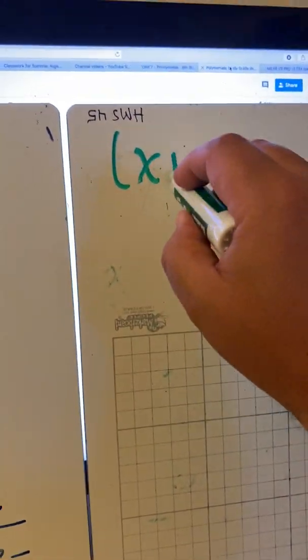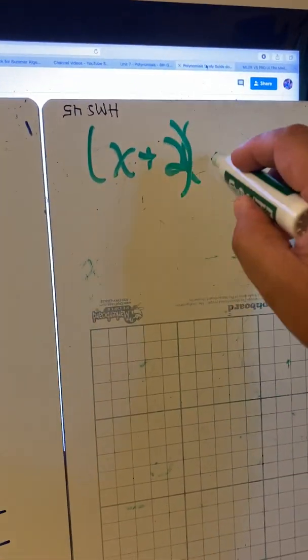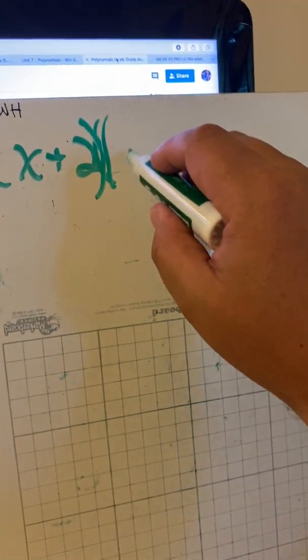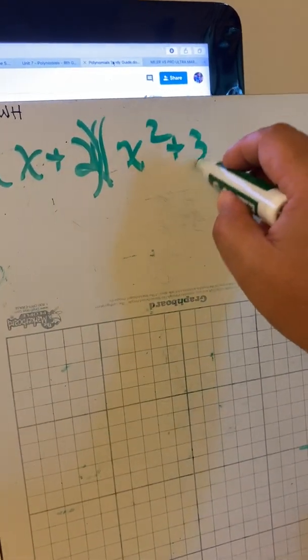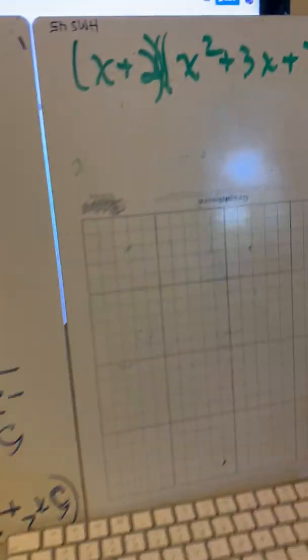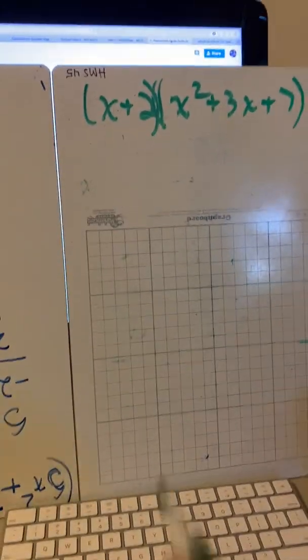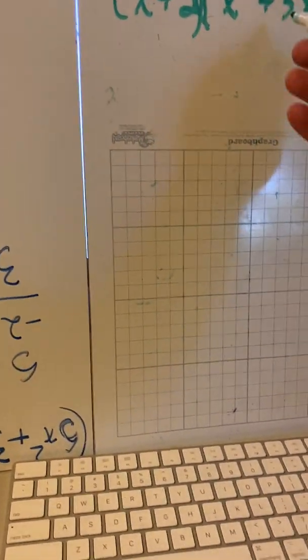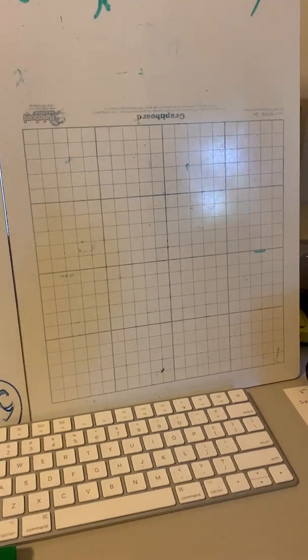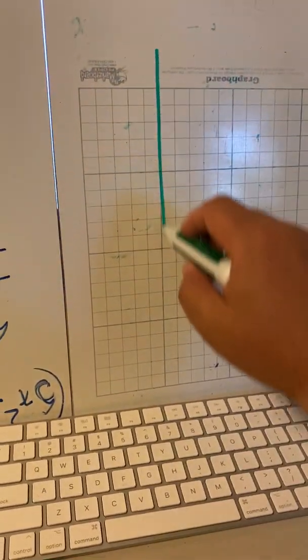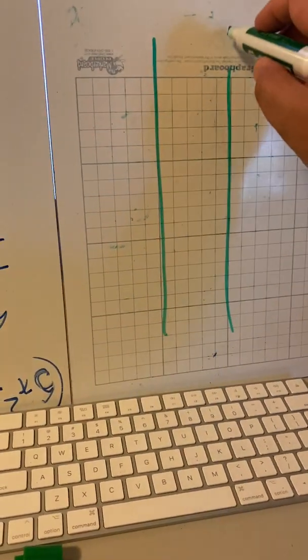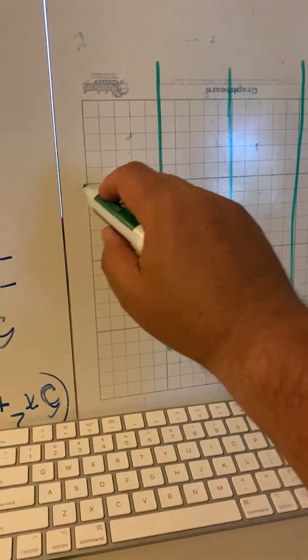What if it's x plus 2 times the quantity of x squared plus 3x plus 7? Now the FOIL method doesn't work. I can't go first, outside, inside, last, so there's multiple parts. I can't do it, but I can use Miss Tanaskew's lattice method.